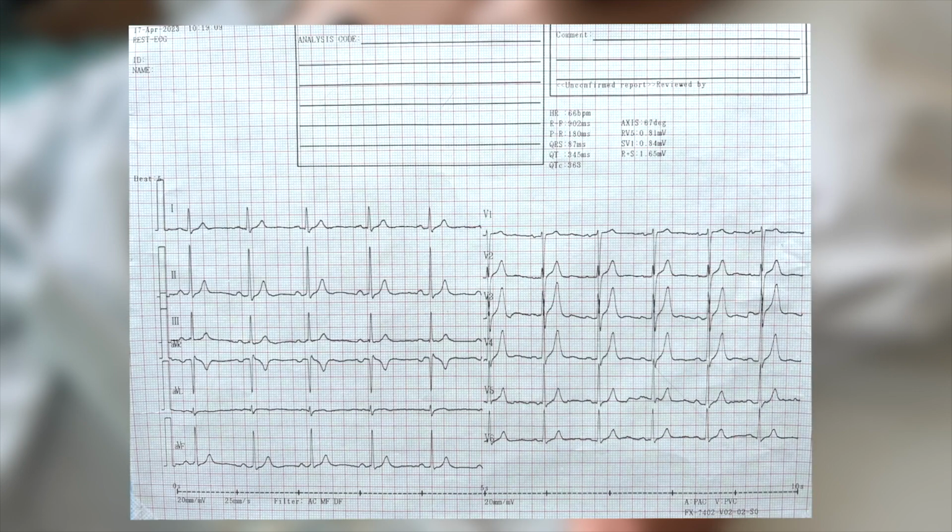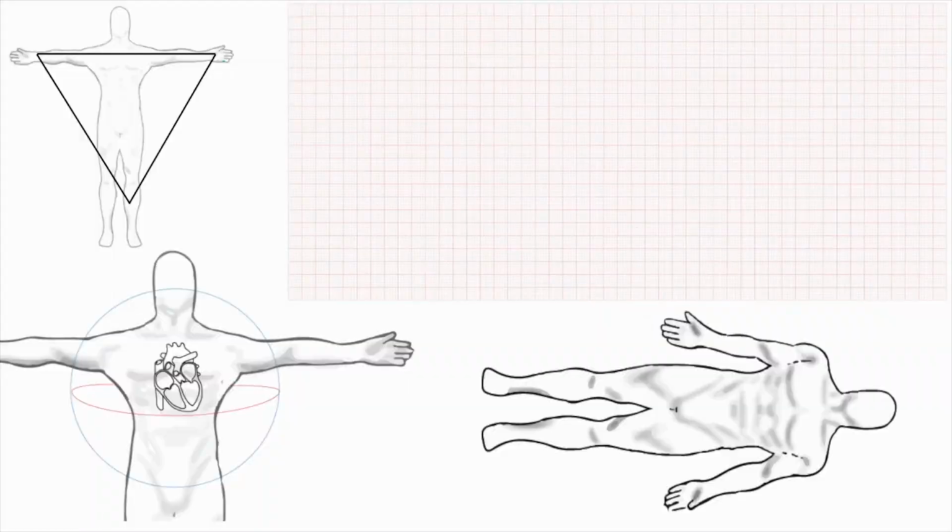The ECG recording will then show the leads numbered from 1 to 6. All 10 electrodes together form the 12-lead ECG.